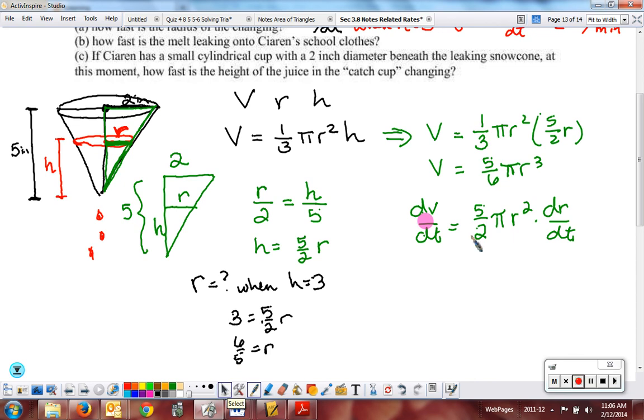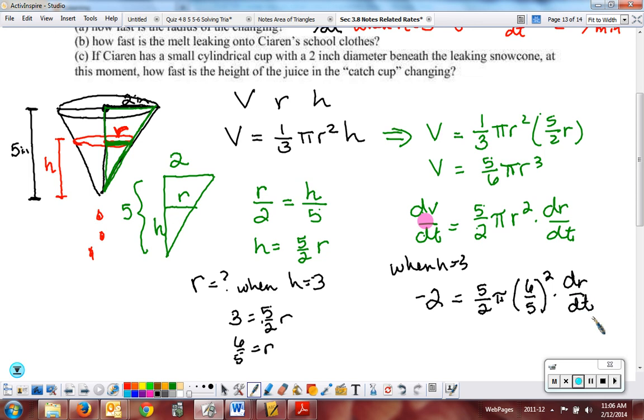Now am I ready to plug and chug? So when H equals 3, dV dt, oops, no, that's the one I know. What is dV dt? It was -2 because we're leaking out. -2 equals 5/2 pi times 6/5 squared times dR dt.